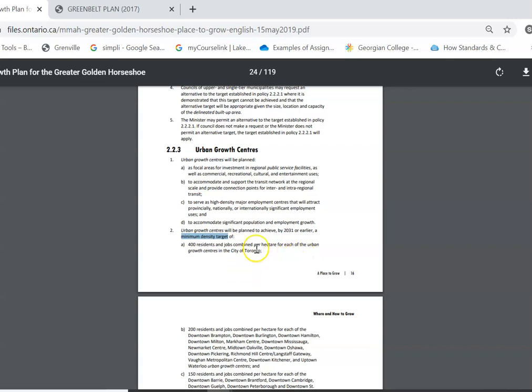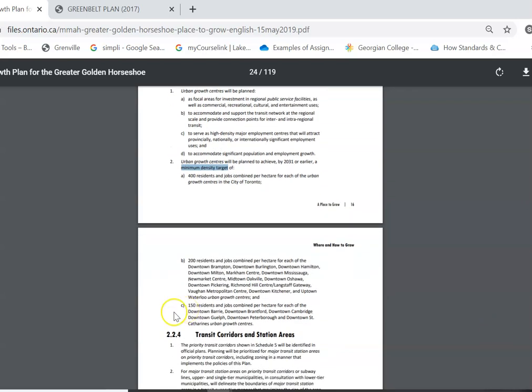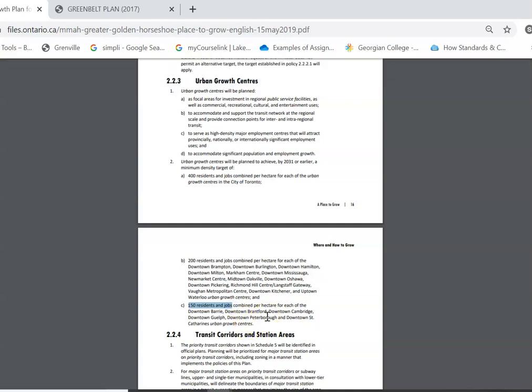So when we look at high growth centers, City of Toronto is classified as one of those. The density is 400 residents and jobs per hectare. City of Barrie falls into this last category, so we are a lower category, but we are saying that these are areas where we can focus some additional density, and so that additional density, we are working towards 150 residents and jobs per hectare.